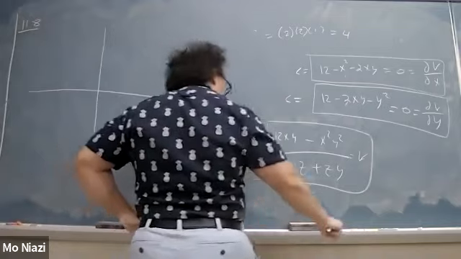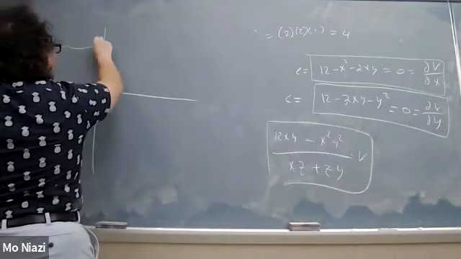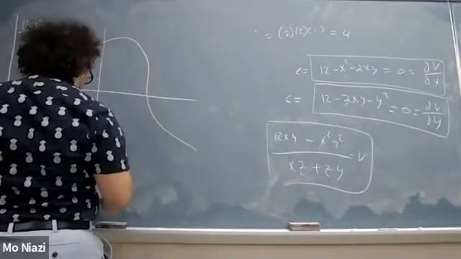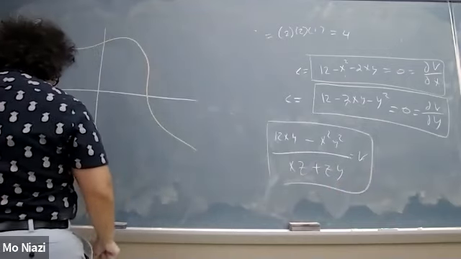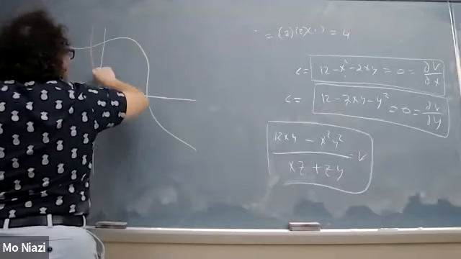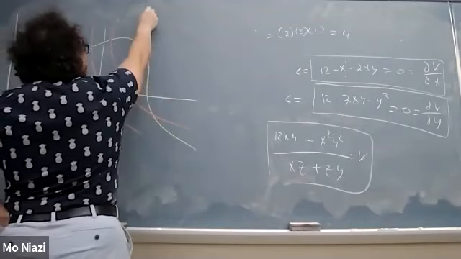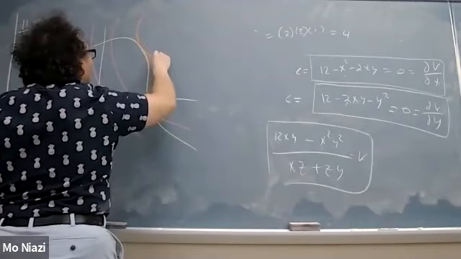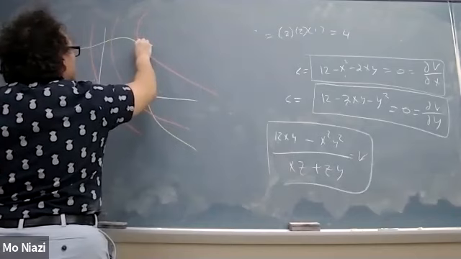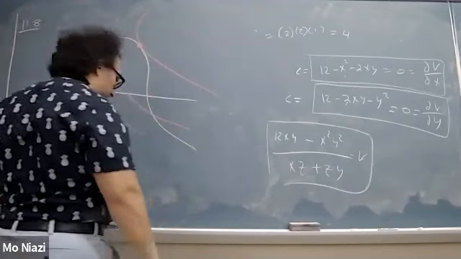Here's our function in yellow, and let's draw the level curves in red. Notice that this level curve intersects the function at a maximum value right here.